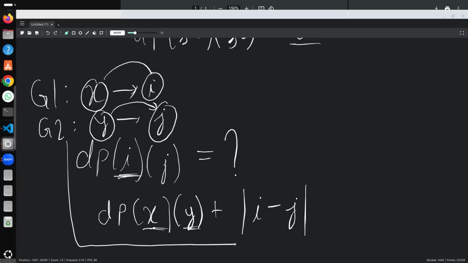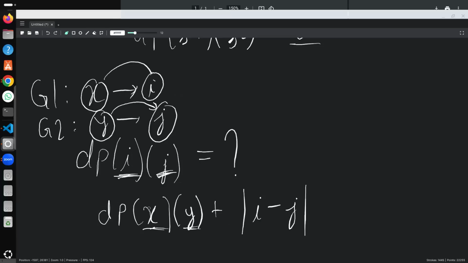So this is our transition. But actually we need the minimum value of this cost, right? So we have to iterate over all the neighbors of i and j, and take the minimum over (x, y).